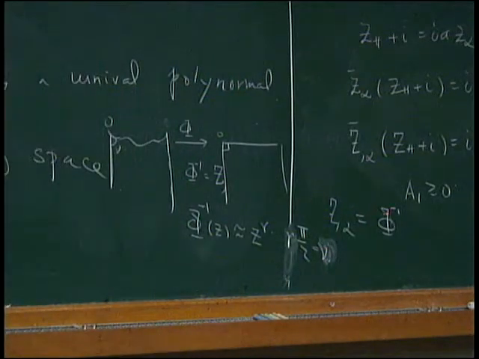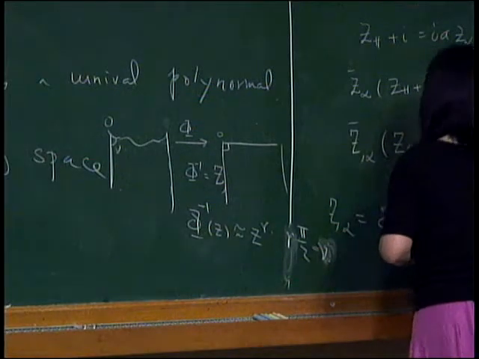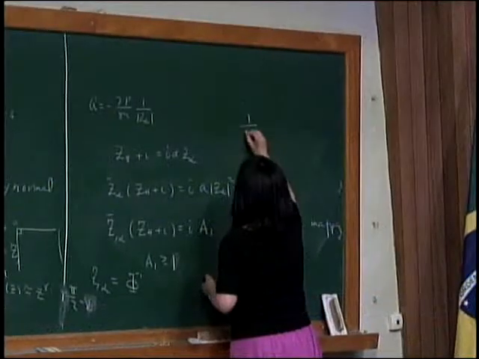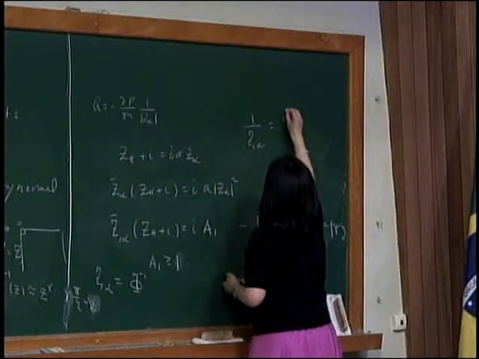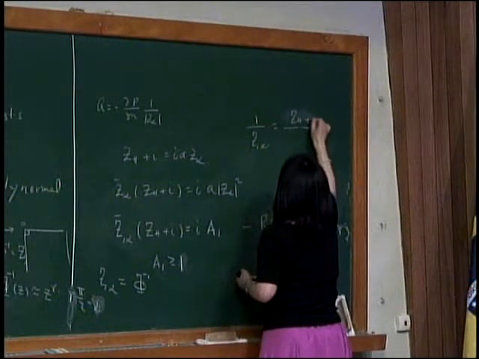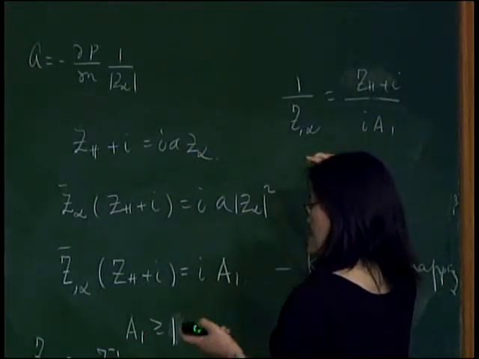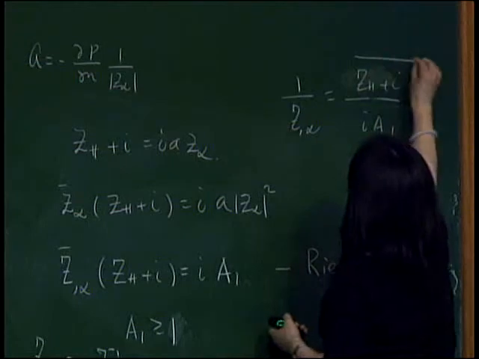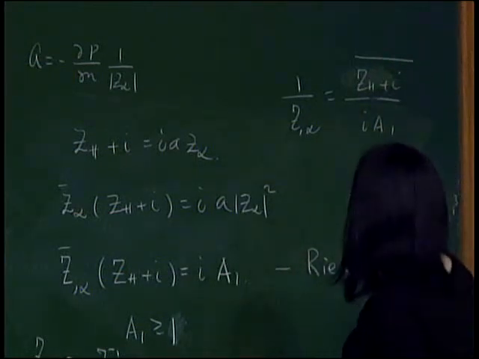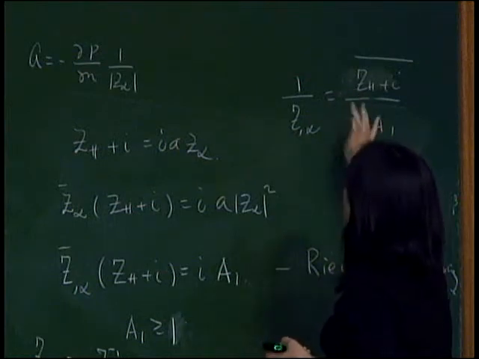Now you can look at this relation. A1 is actually greater than or equal to 1. That's what we can prove. So 1 over Z alpha is i A1 divided by Z_tt plus i, with a bar somewhere and a minus sign, somewhere minus or plus.